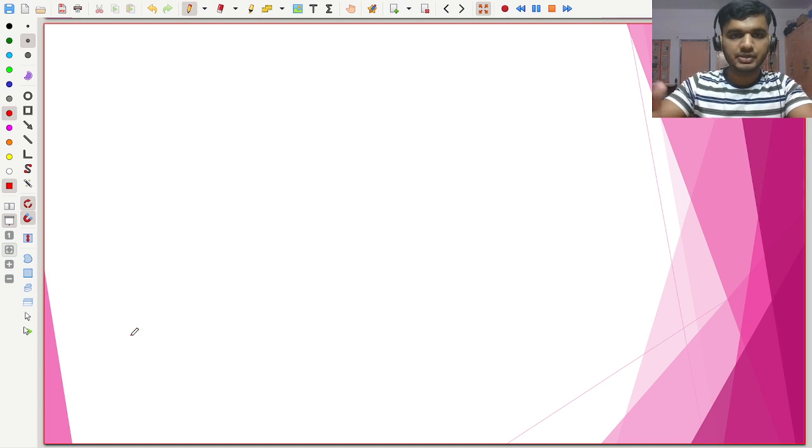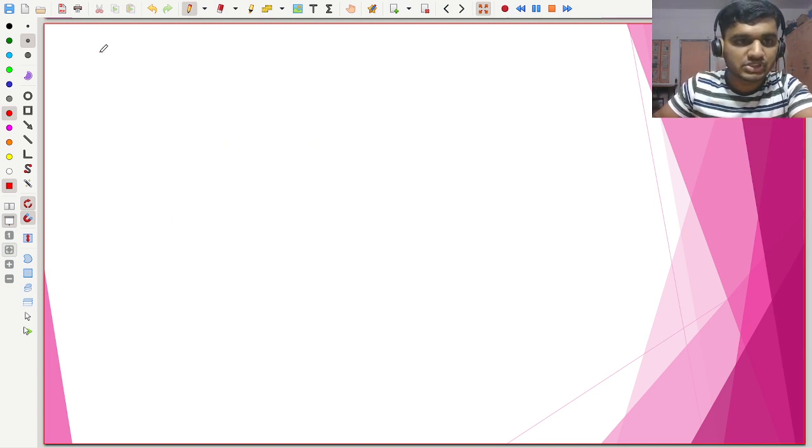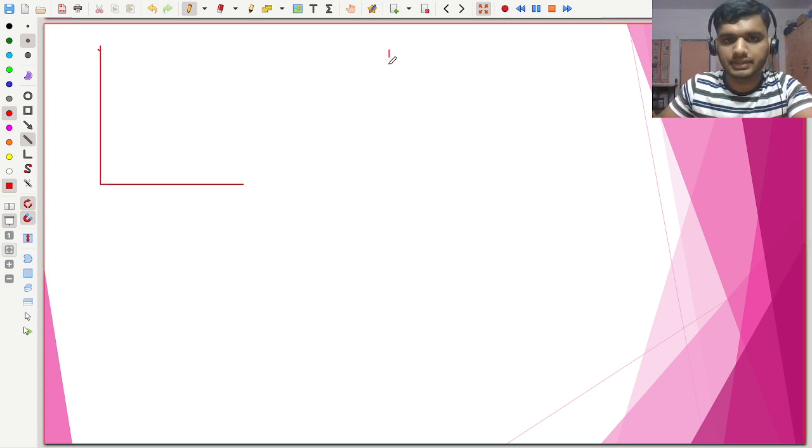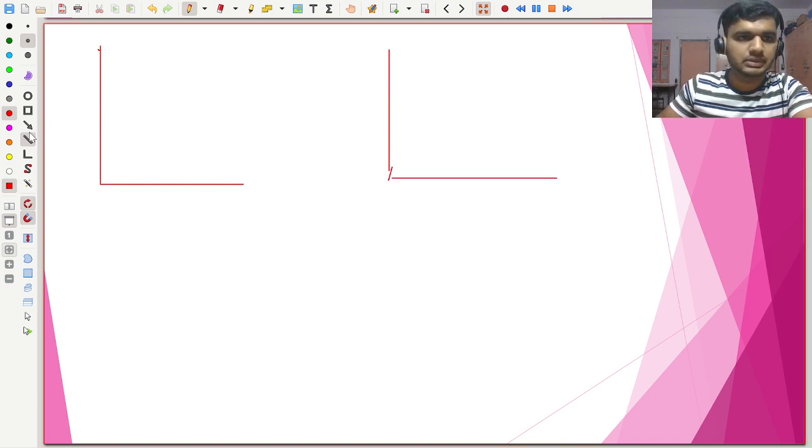Suppose I give you a graph, and there is also another graph like this. So there are two graphs with some points, and some clusters like this.